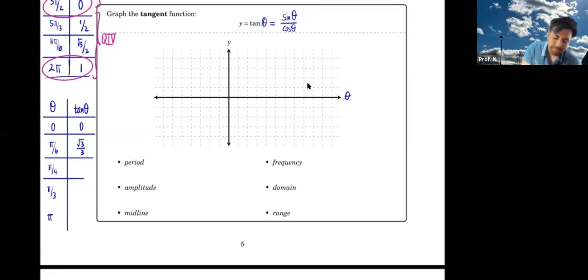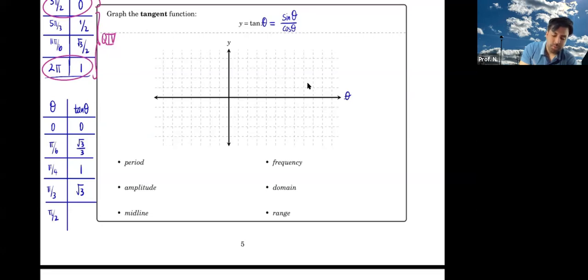Pi over 4 is 45 degrees. Sine and cosine are exactly the same, so when you divide them, you get 1. Then at pi over 3, you get rad 3, because it's rad 3 over 2 for sine divided by cosine of pi over 3, which is 1/2. So you get rad 3.